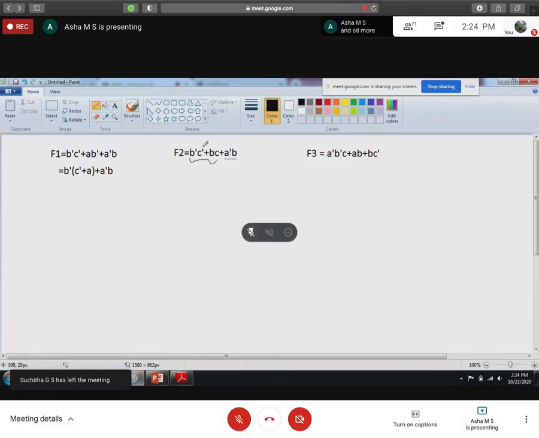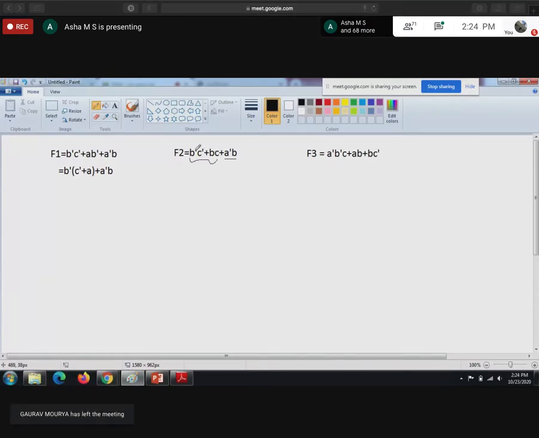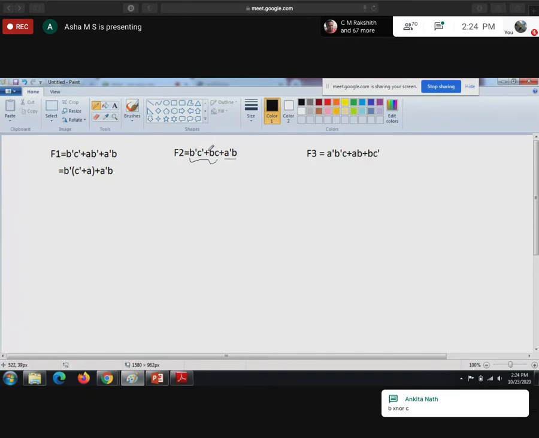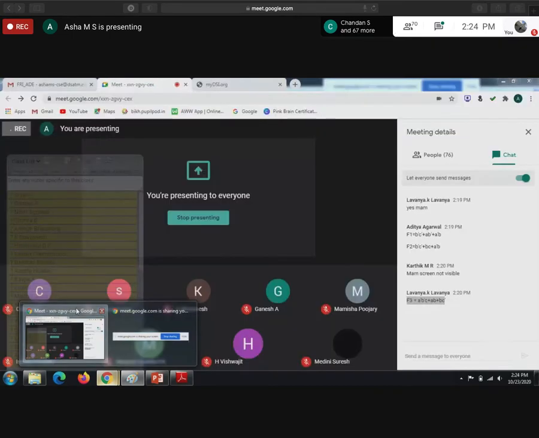And these two terms, B bar C bar plus BC, what can I write? If you remember the Boolean algebra, what can I write with this? B bar C bar plus BC, any idea what I can write?